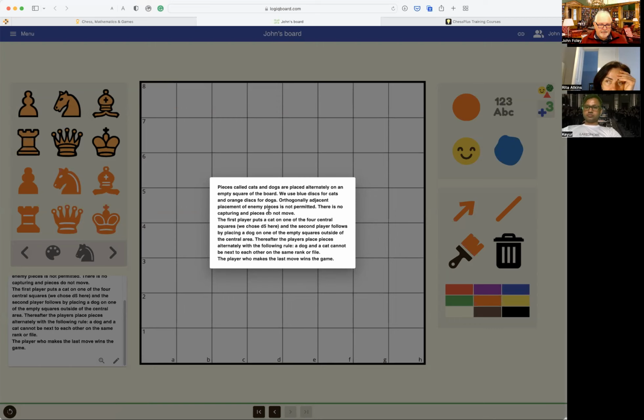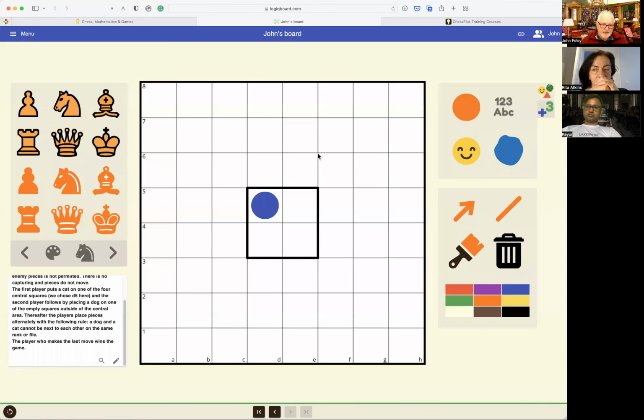So you cannot be up, down, right, left of your opponent's piece, or you cannot be orthogonally adjacent, as we say. You can be diagonally adjacent. Okay, and so play the game and see if you can come up with any strategy ideas for this game.